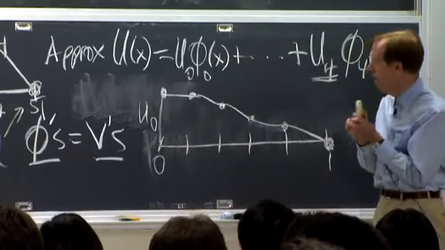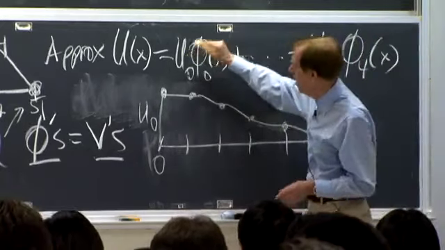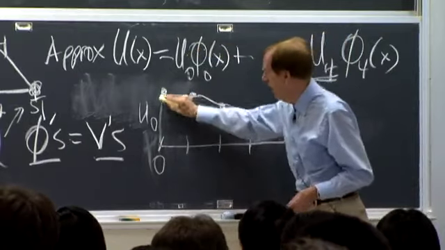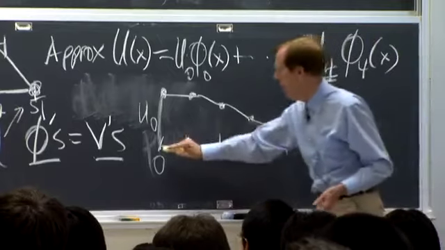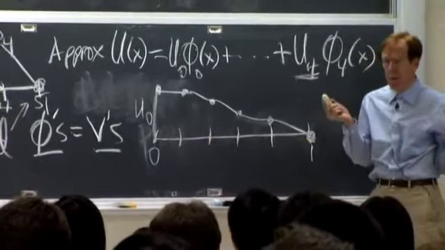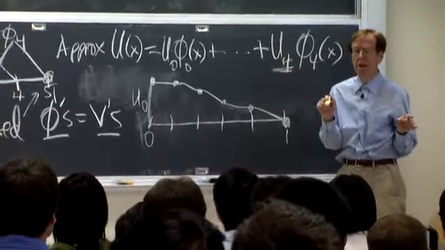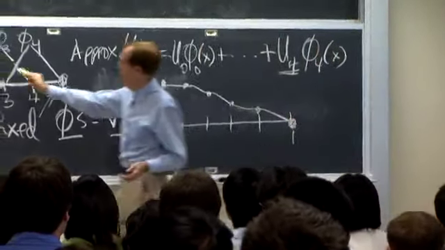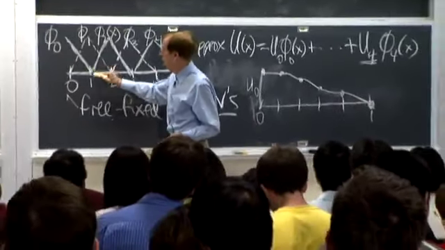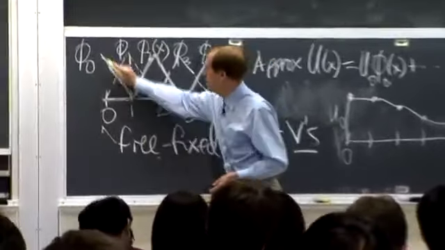Now notice why the coefficient of phi0 is exactly the height, the displacement at 0. Because all the other phis are 0 at this point. Only this guy's coming in.